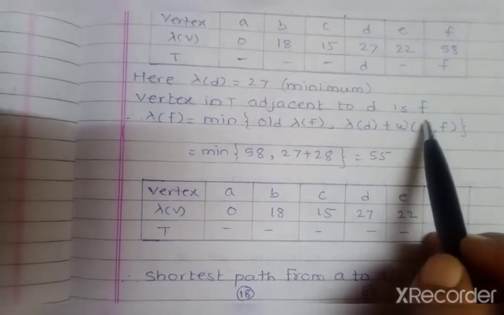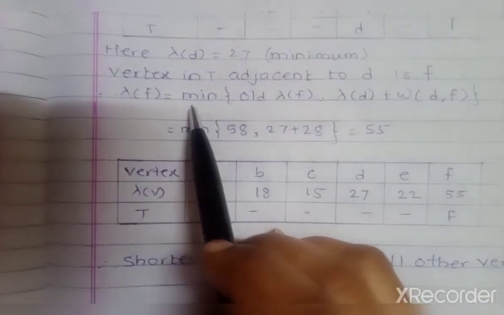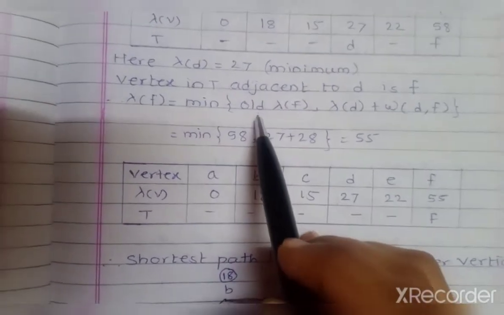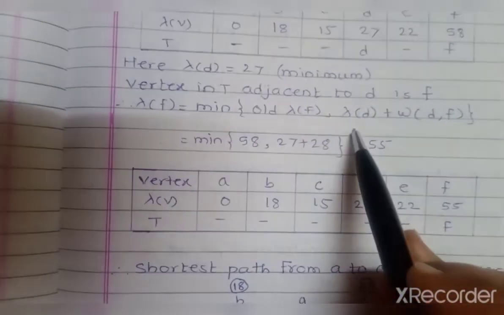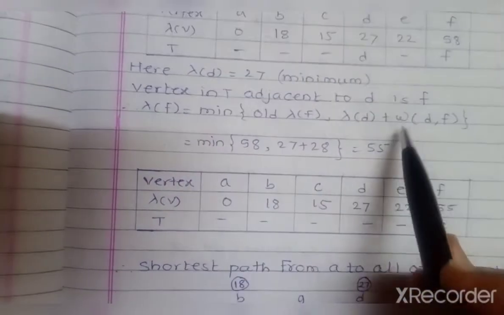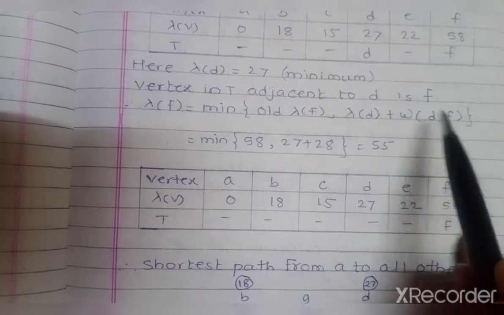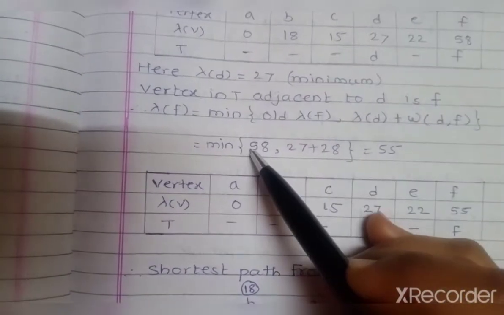D is F and we calculate lambda of F. Again write down the formula: minimum of old lambda of F, comma, lambda of D plus weight of D to F. So lambda of F's value is 58.